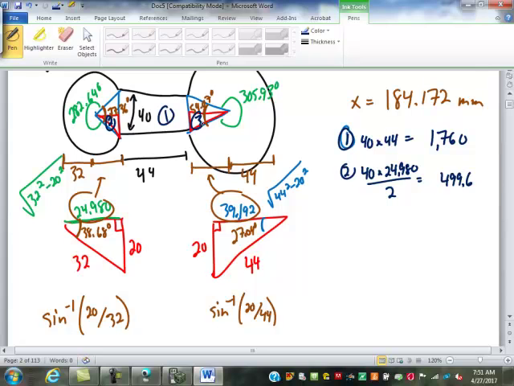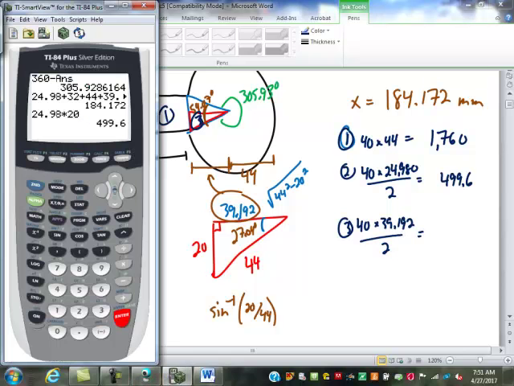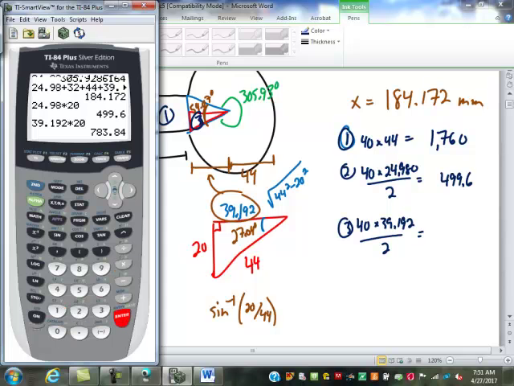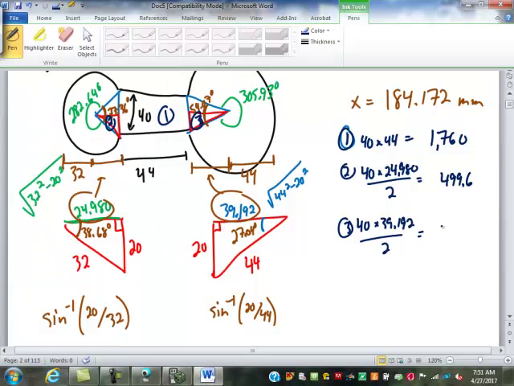We got this triangle here. It's 40 by 39.192 divided by 2. 783.84. And then we have the sectors of the circles. So I'm going to call this one number 4. I'm going to need a little bit more room for that.